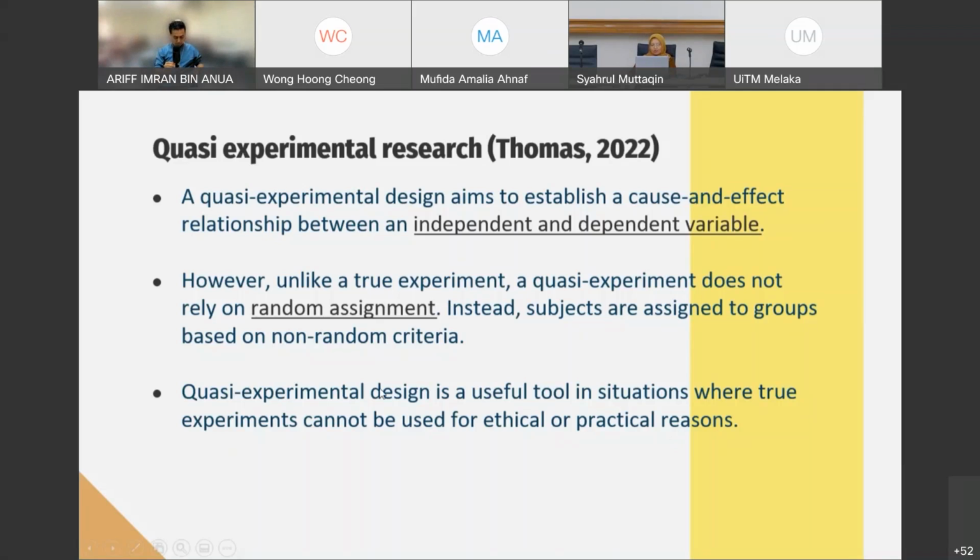That is why we call it quasi, or half experiment. And then this design is a useful tool in situations where true experiments cannot be used for ethical and practical reasons. Sometimes we are plunged into quasi-experimental research because of the situation and condition.